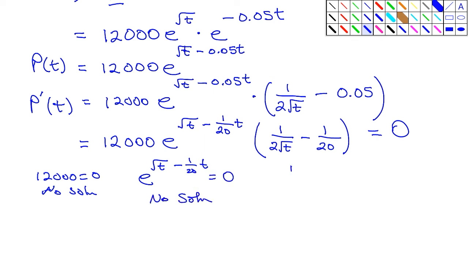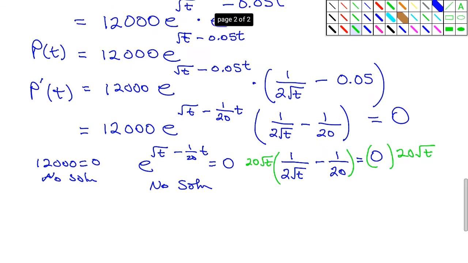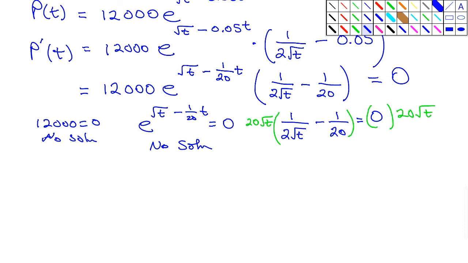And the only real thing that happens here is 1 over 2 square roots of t minus 1 over 20 is equal to 0. I'm going to multiply both sides by 20 root t to clear out denominators. And that is going to give me 10 minus the square root of t is equal to 0.